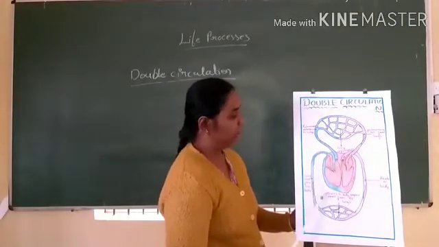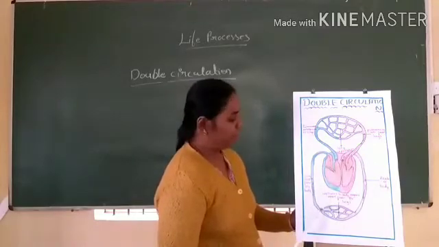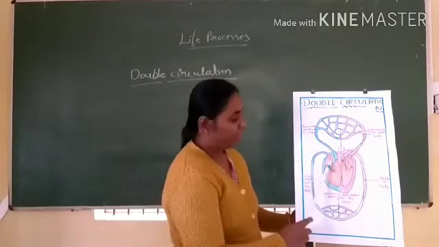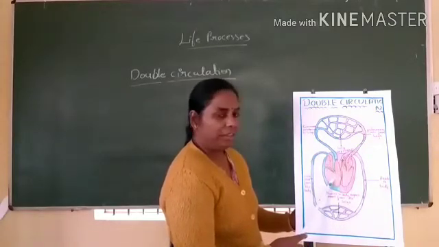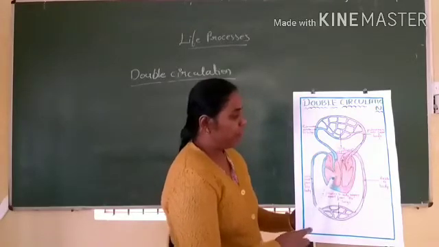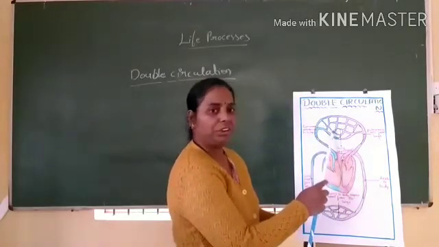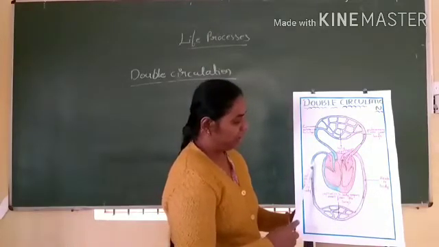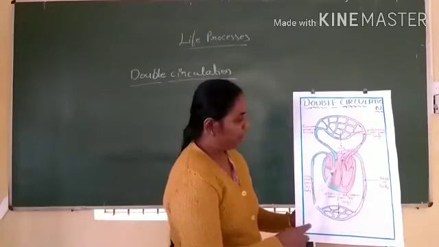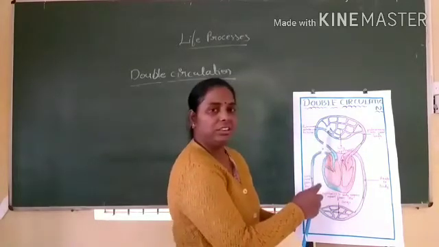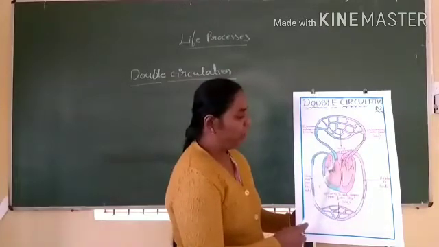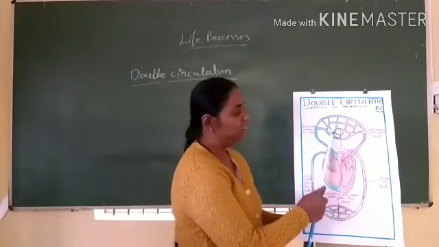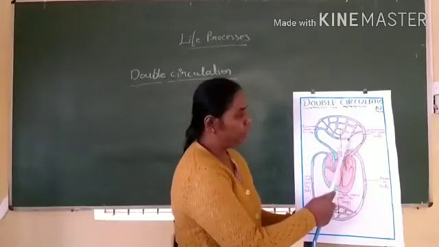I am explaining. Now the impure blood from the different body parts is brought to the right auricle and then dumped into the right ventricle. From there it is pumped to the lungs for purification. So once it comes from all the different body parts, it is collected, brought to the heart, and from there carried to the lungs. This is one way of passing the blood, and here the deoxygenated blood becomes oxygenated.